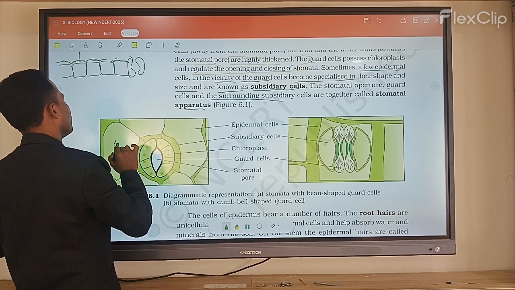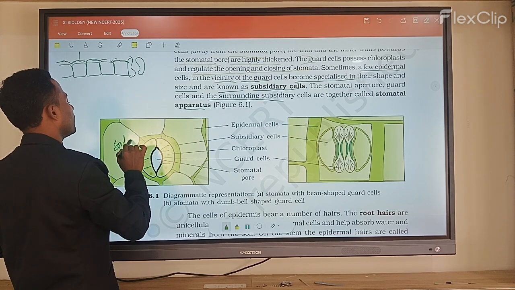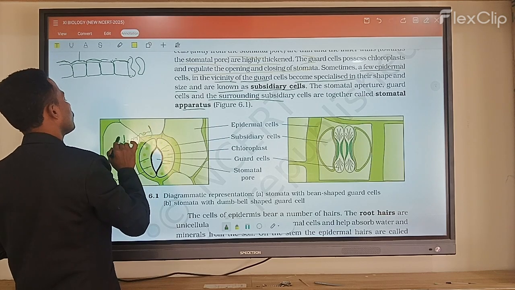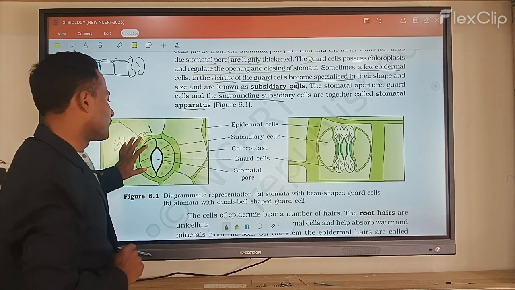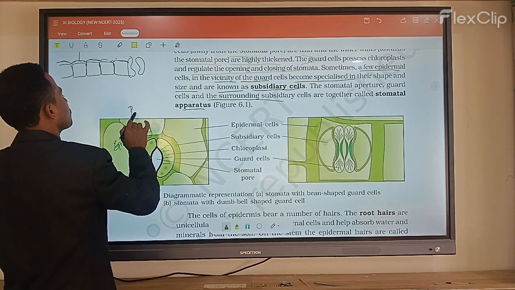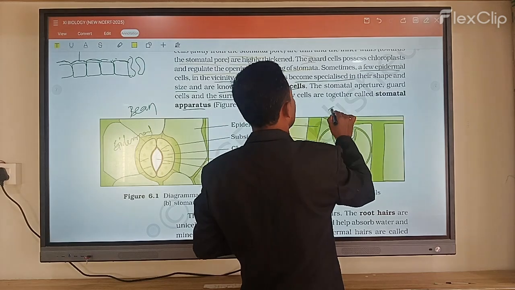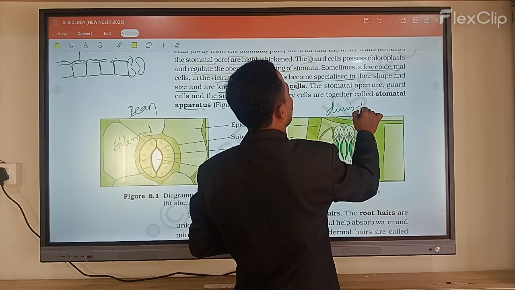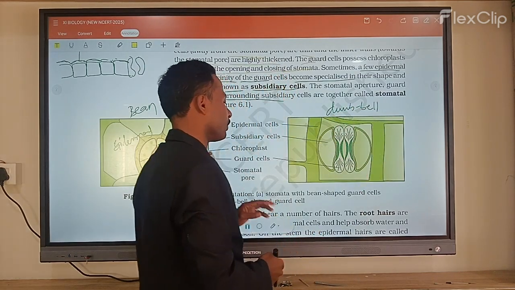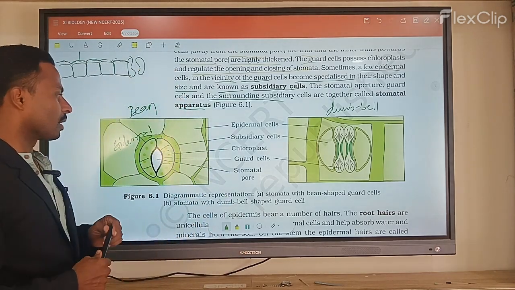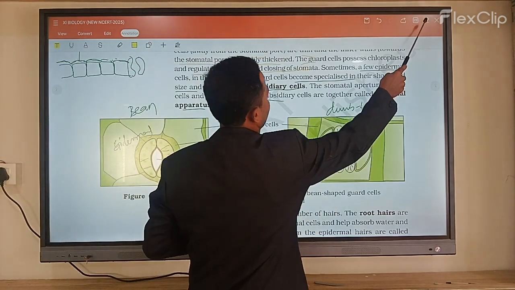These are the epidermal cells also. Now these are the bean-shaped structures. This is a dumbbell shape structure of stomata. They are given clearly in the diagram.